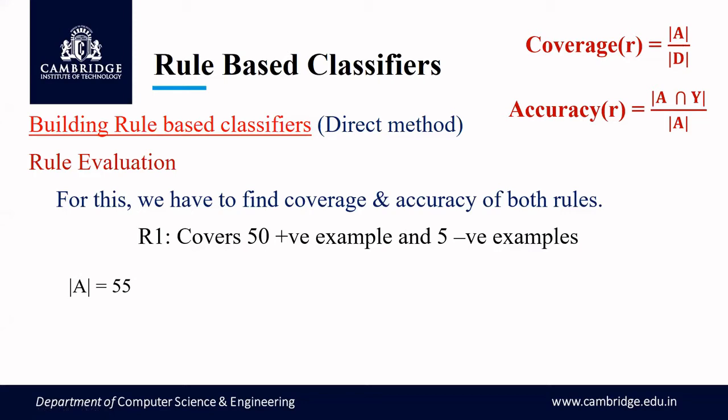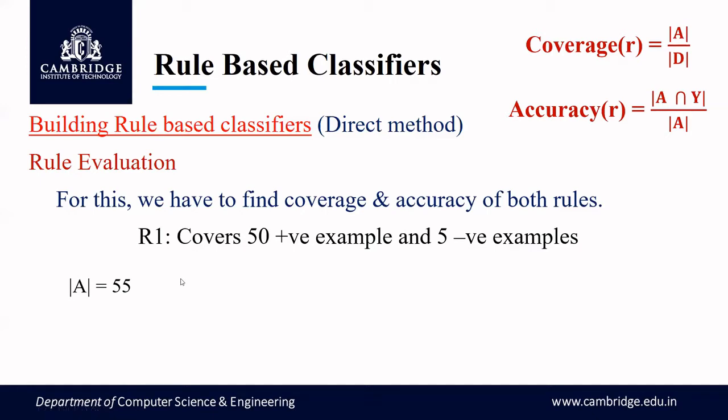Instead of giving the rule, he has given how many examples are being covered. Rule 1 covers 50 positive examples and 5 negative examples, so in total it is covering 55 records. So |A| will be 55.